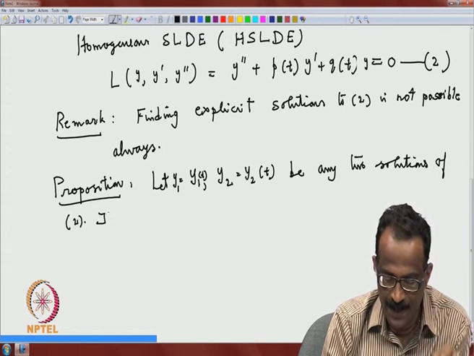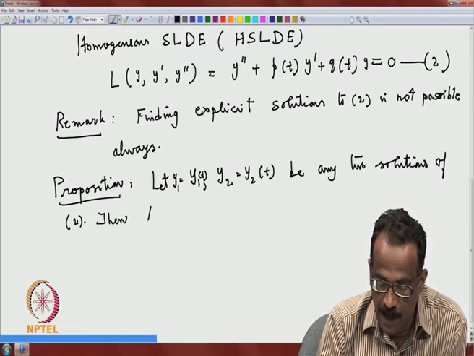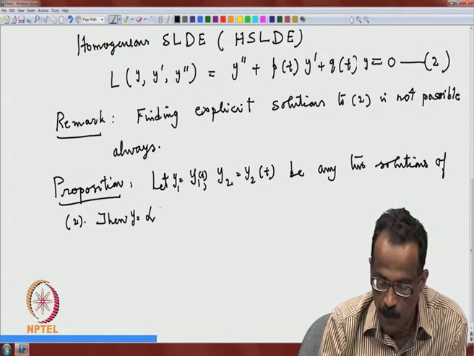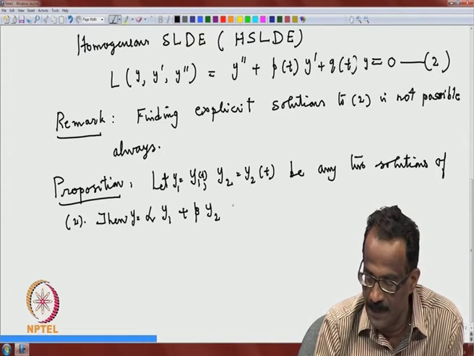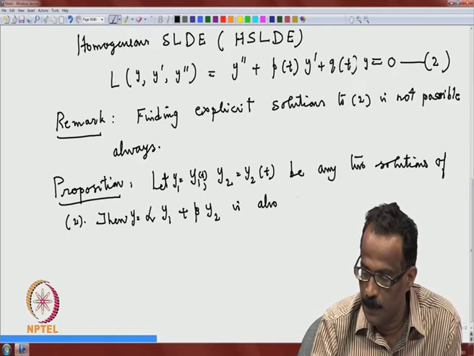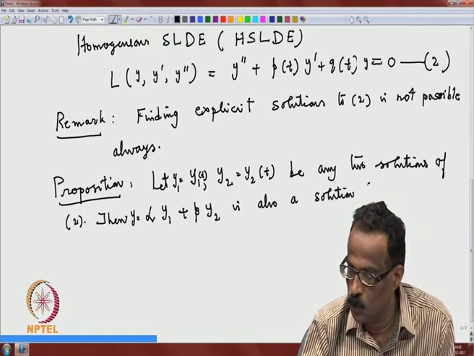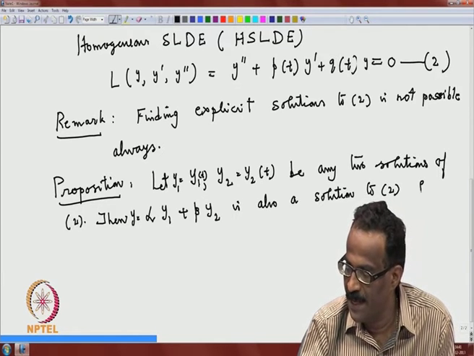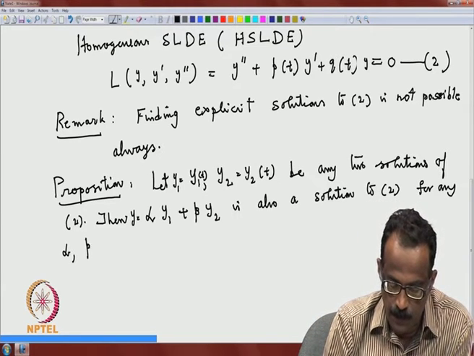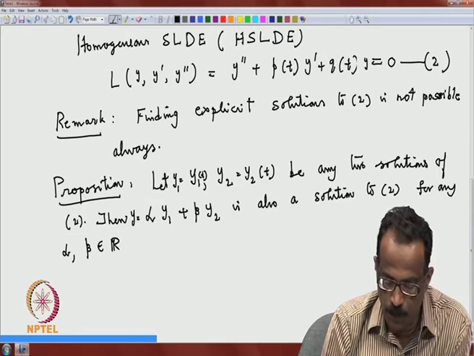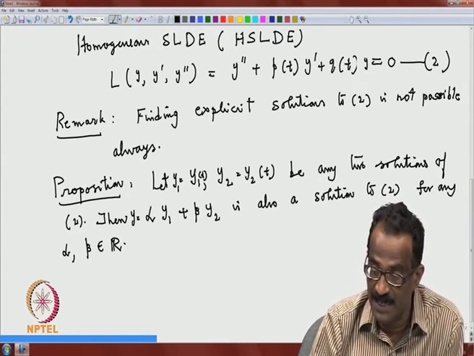Then, by the superposition principle which I already explained, alpha y1 plus beta y2 is also a solution to 2 for any scalars alpha, beta belonging to R. This is the superposition principle which we already proved, but the converse is also true in some sense.